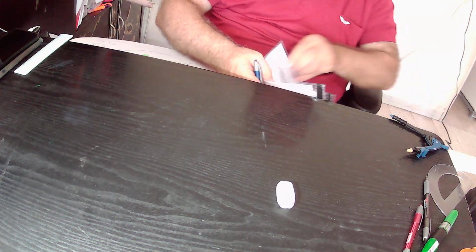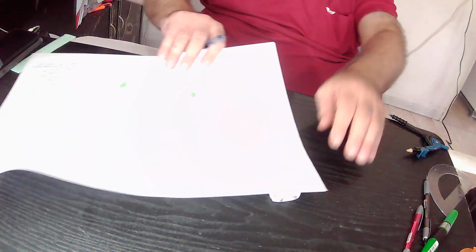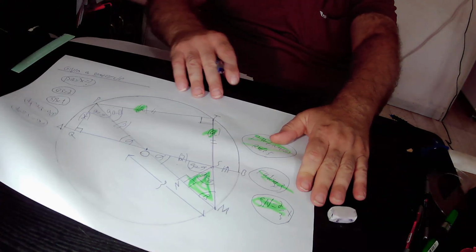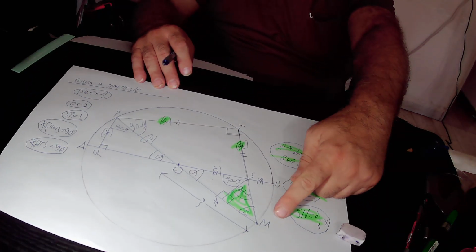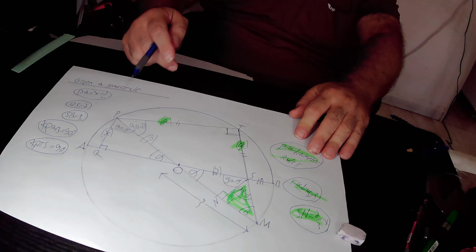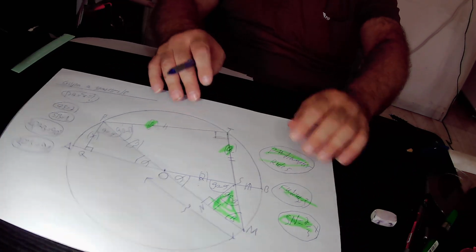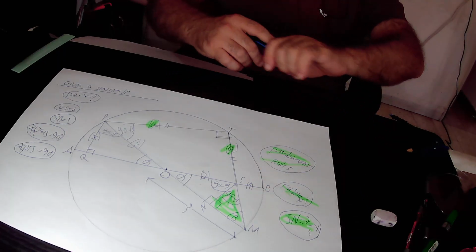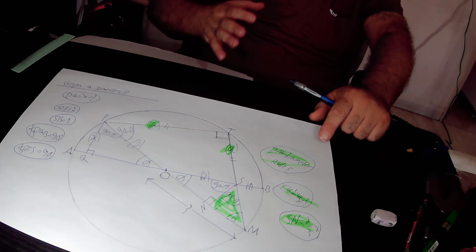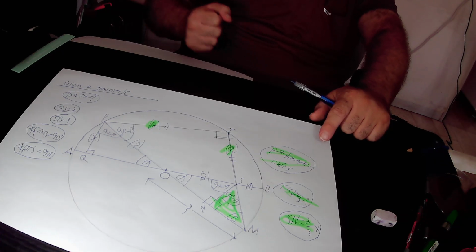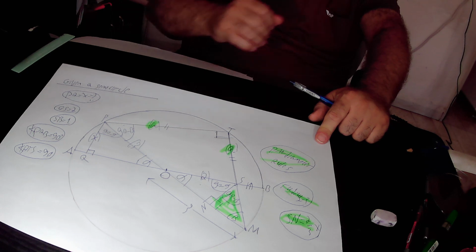So we can implement rule 15 in our drawing. Why? Because in our drawing, we have chord TM that intersects with chord AB at point S. Again, chord TM intersects with chord AB at point S. So all the requirements of rule 15 are satisfied, and therefore we can implement rule 15 in our drawing.